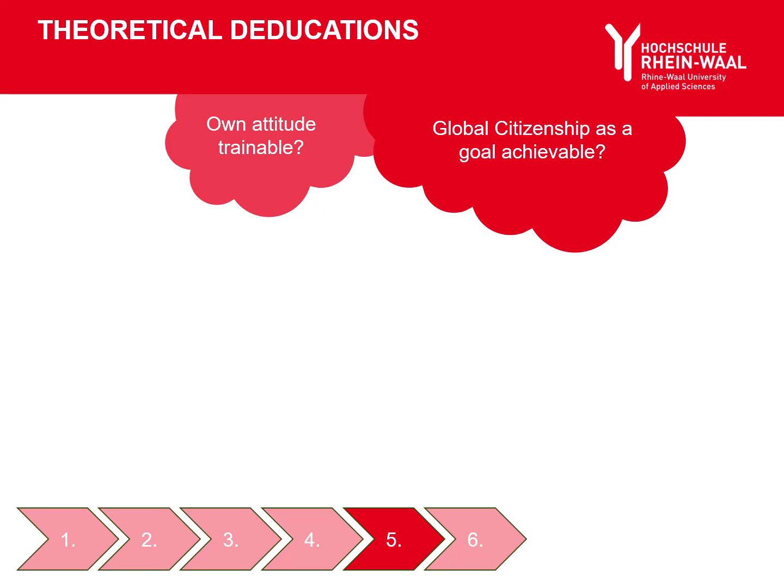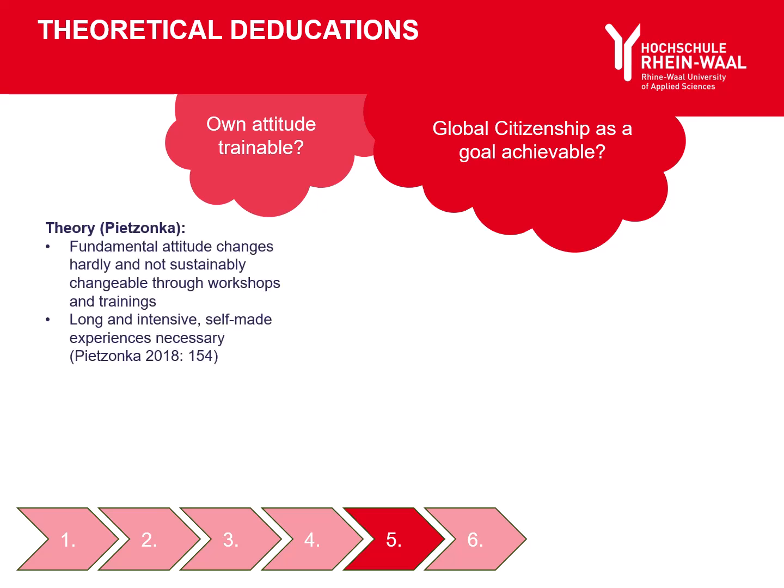If you look at the theory and the literature, Pizanka says that fundamental changes in attitude are hardly and not sustainably changeable through workshops, and it would need long and intensive self-made experiences so that it could come to attitude changes. It would have to follow that this would also have had no effect in my DBR project.